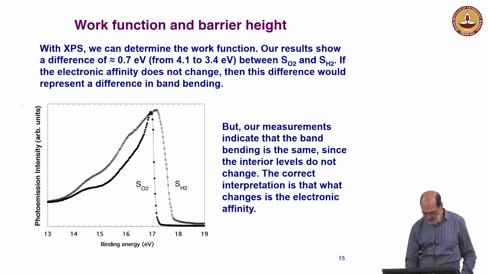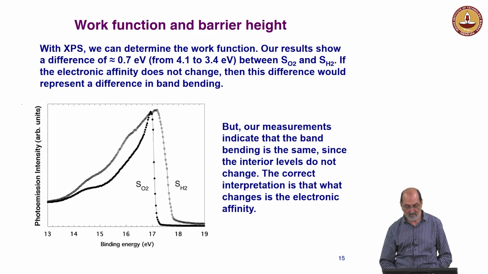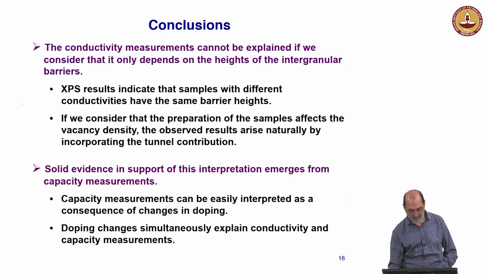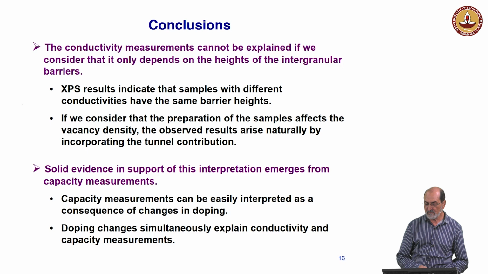Okay. So eventually we found that our measures indicate that the band bending is the same. Since the band bending is the same, the correct interpretation is that what is going on when we do something to the sample is changing the electron affinity. And then yesterday we made the conclusion that the conductivity measurements cannot be explained if we consider only that it depends on the height of the intergranular barriers.